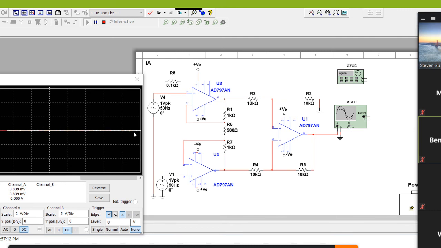The output is nearly zero. But if I put in unbalanced input impedance, if I put this in, so there's only 100 ohm.